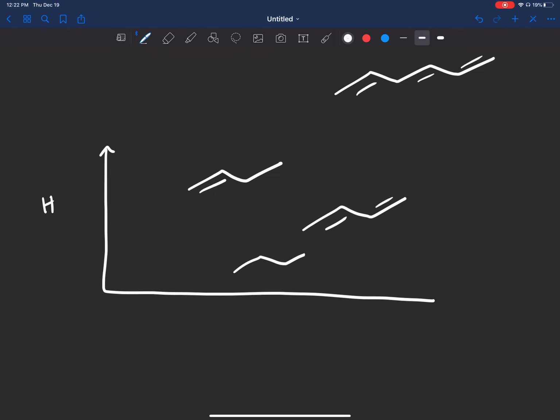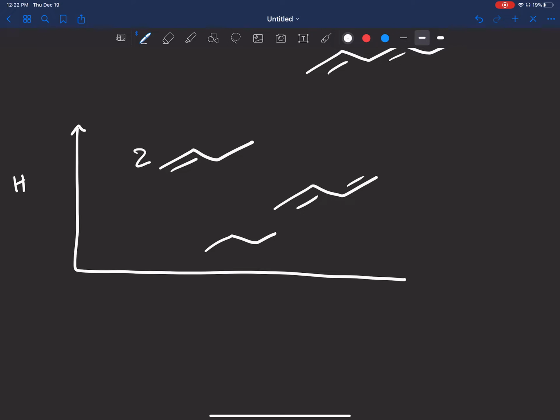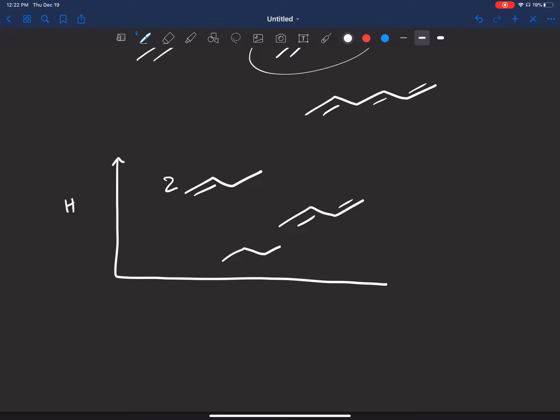If we want to take this one down to the alkane, it has two double bonds, while this one only has one. So we use two of this one so that it's fair, giving two double bonds total, and one of the diene, since it already has two double bonds. When we look at the heat released, we would expect it to be the same, since overall it's still two double bonds.